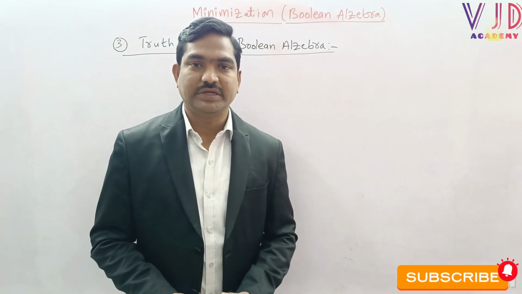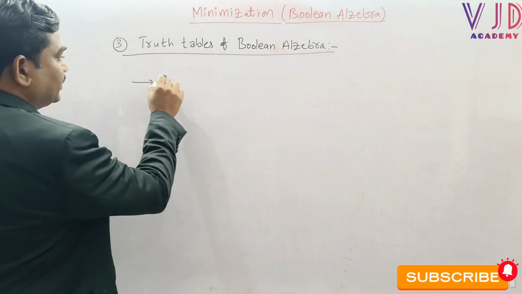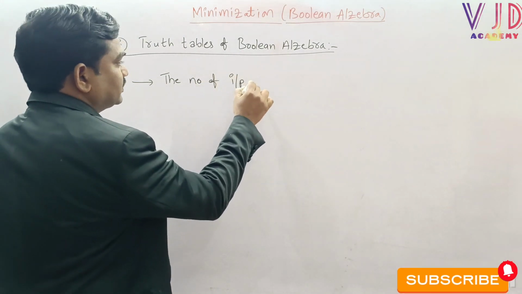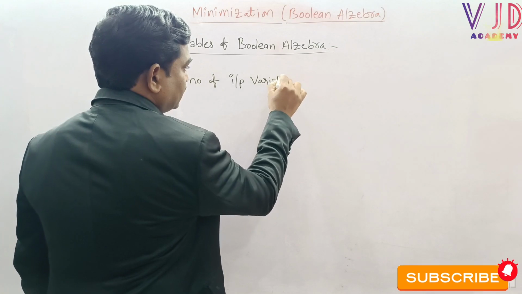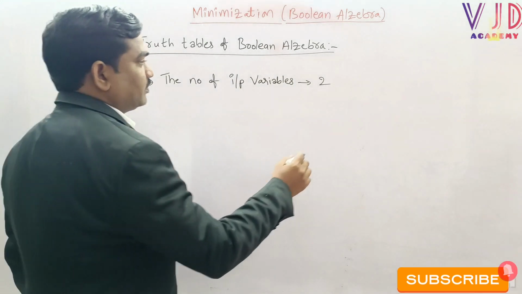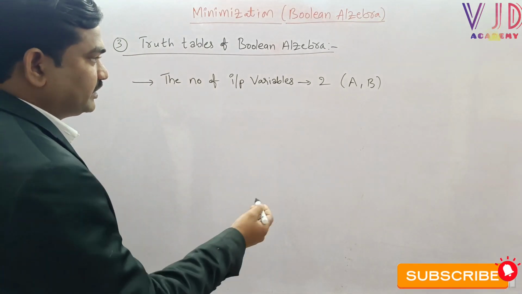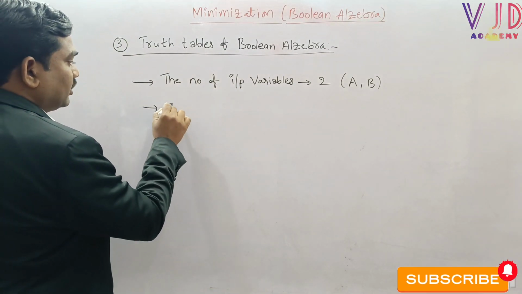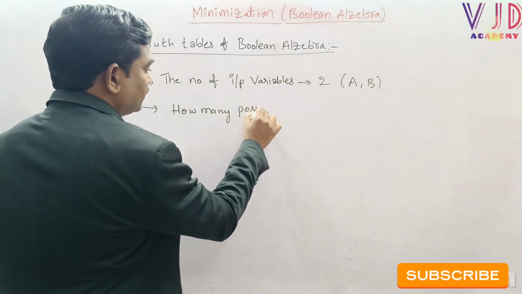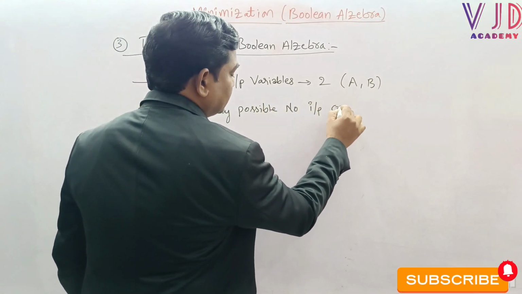Sir, I told you in the previous lecture, suppose the examiner gives you the number of input variables. Suppose the number of input variables is 2, which we can call A comma B, and the examiner asks how many possible input combinations there are.